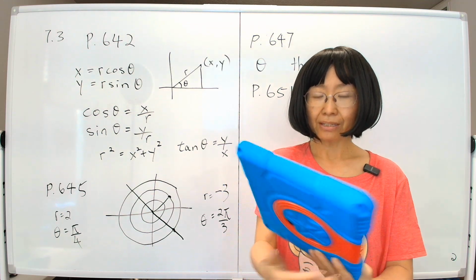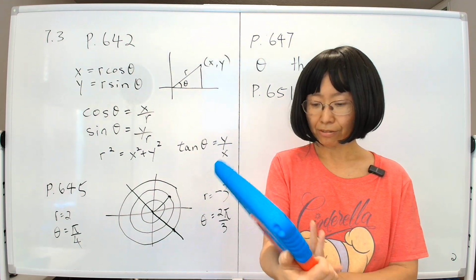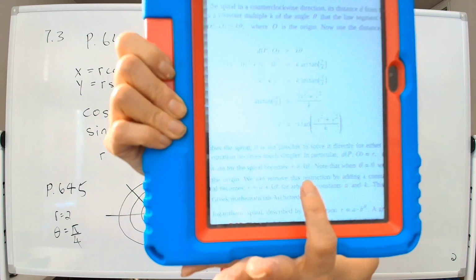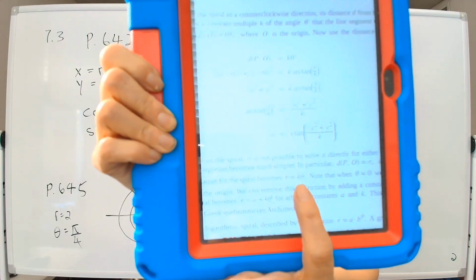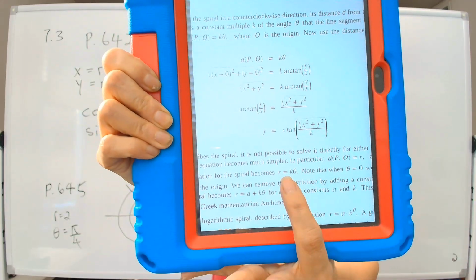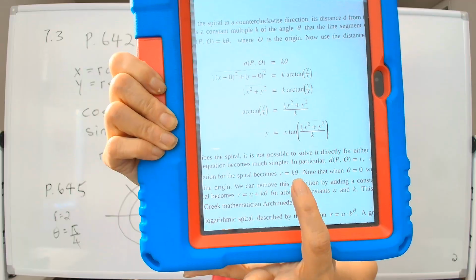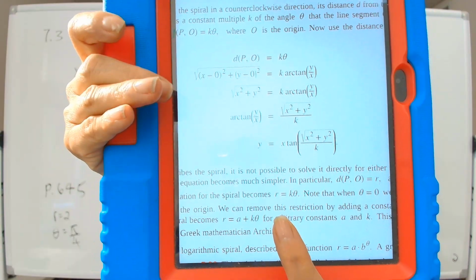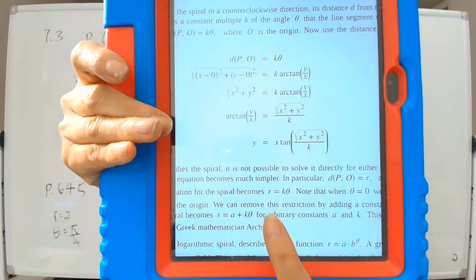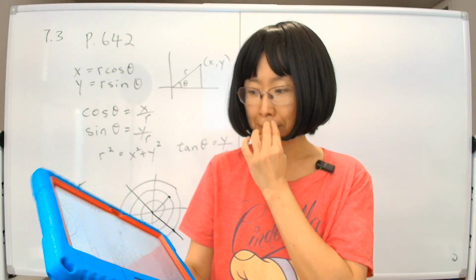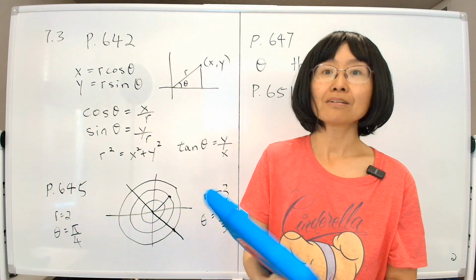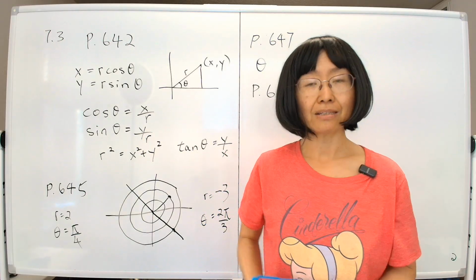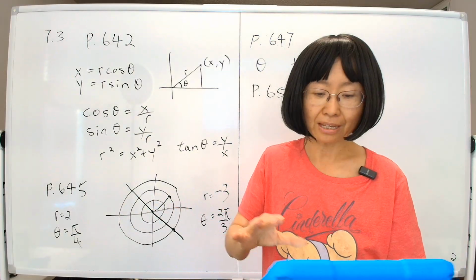But in polar coordinates, things look very simple. For example, here's a spiral on the page, and you notice that the equation of the spiral is r equals k theta. Simple enough. But if you convert that into rectangular coordinates, suddenly you've got tangent and square root and all kinds of stuff that look complicated. But actually, in polar coordinates, it's just r equals k theta.